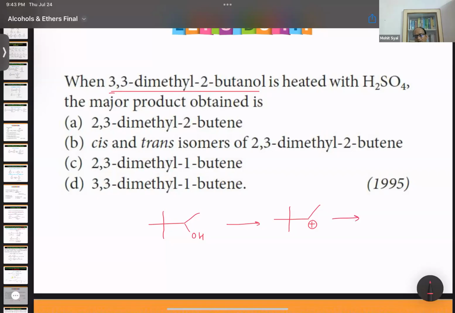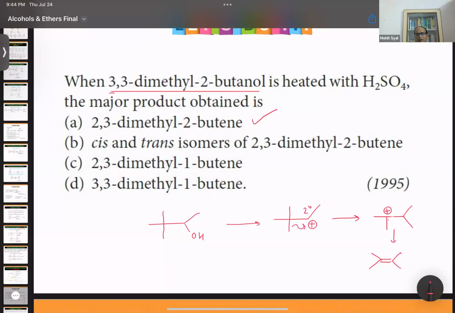Then you will do the rearrangement because this is secondary and it will go to tertiary. That's what I told you. This methyl will get shifted. You have a carbocation changing from secondary to tertiary. I told you in the previous class also, right? Always keep an eye on this concept. And then you have a final alkene, 2,3-dimethyl but-2-ene. Yeah, that's the correct option.